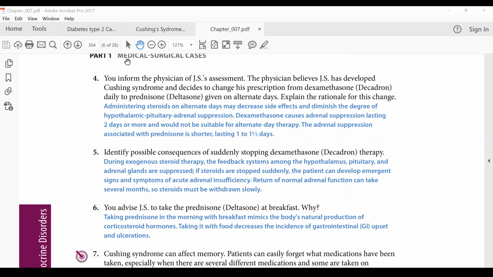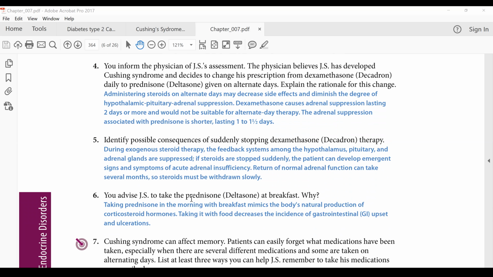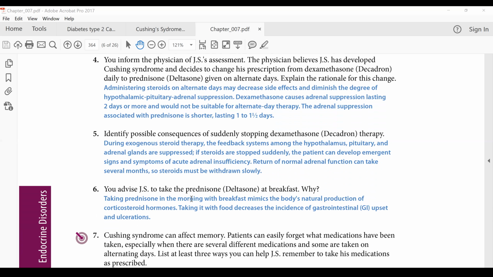Cushing syndrome can affect memory. Patients can easily forget what medications have been taken, especially when there are several different meds and some are taken on alternating days. So what can you tell JS to help them remember to take their medications as prescribed?